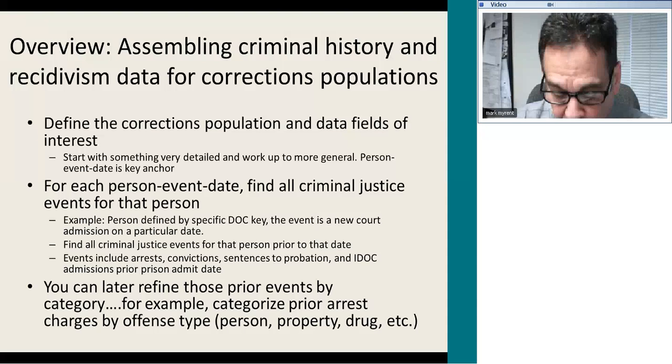Now, we're going to aggregate this information so that we can use it for analysis. The first level of aggregation is for each individual person event date. So what you're seeing here is the 101s are the criminal history. Those are prior admissions to corrections, arrests, convictions, and probation sentences.